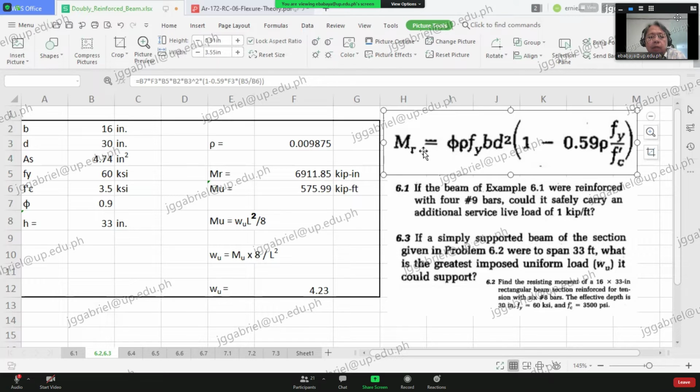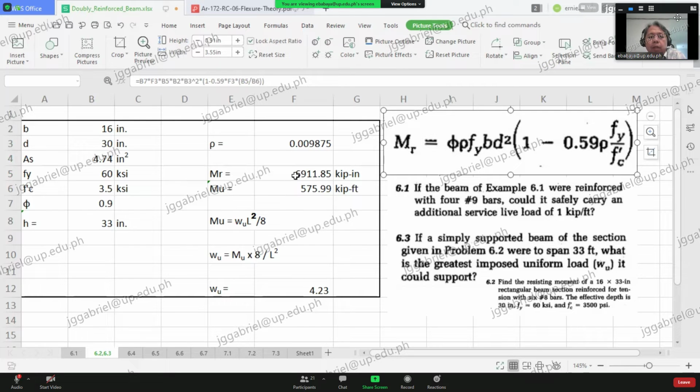Just call it from here. So Fy is 60, B is 16, D is 30 squared, multiplied by the quantity 1 minus 0.59 rho, Fy over F prime C. Okay?